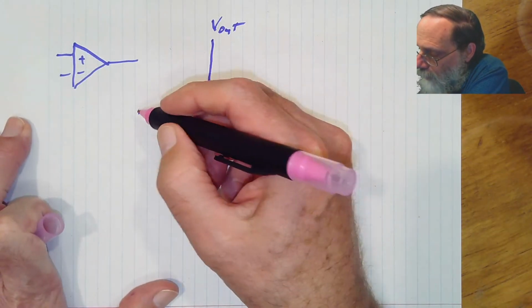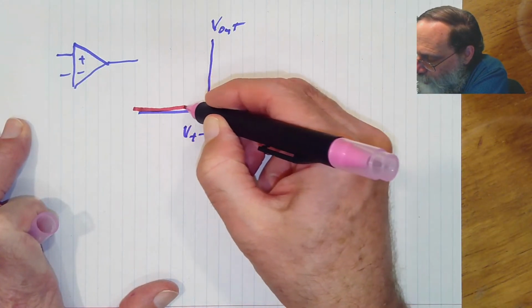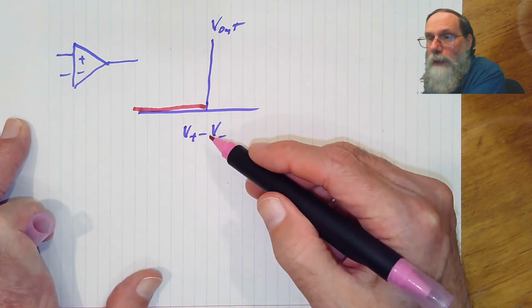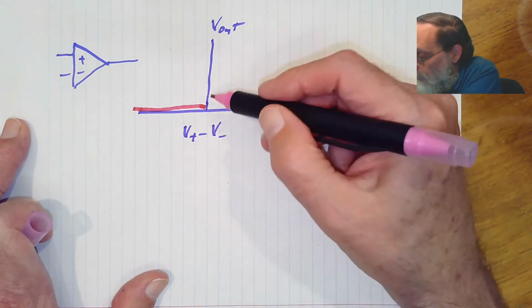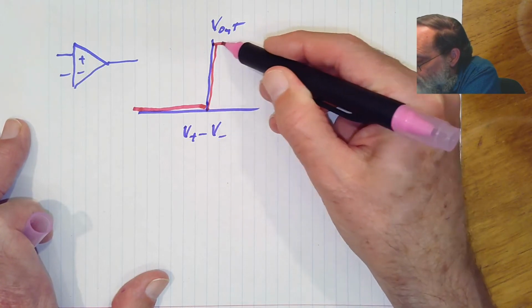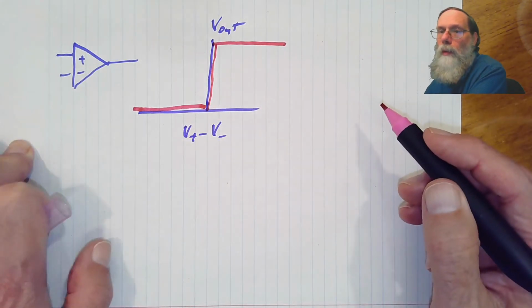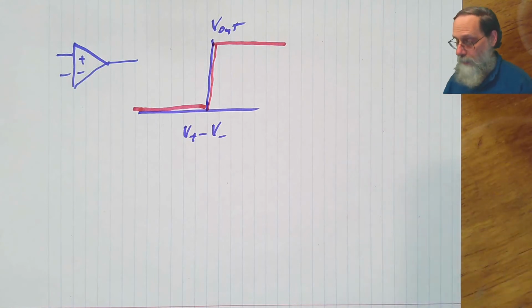It is low when the positive input is less than the negative input, and it's high when the positive input is greater than the negative input.